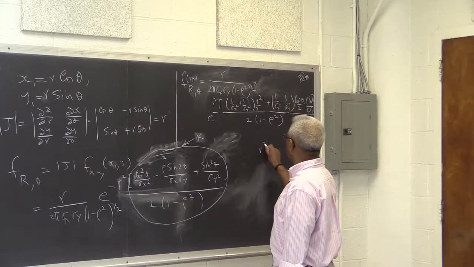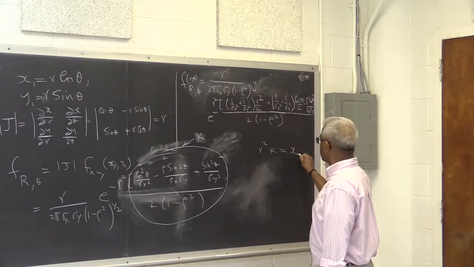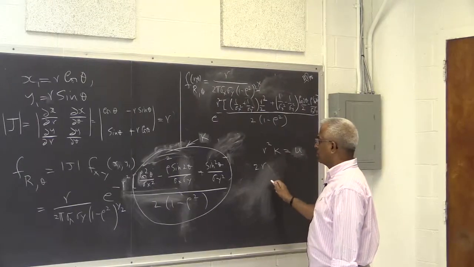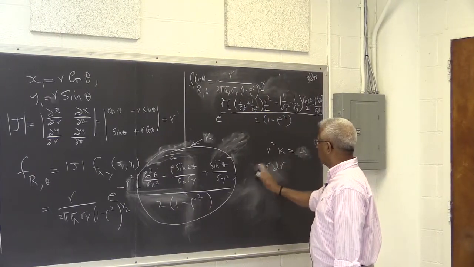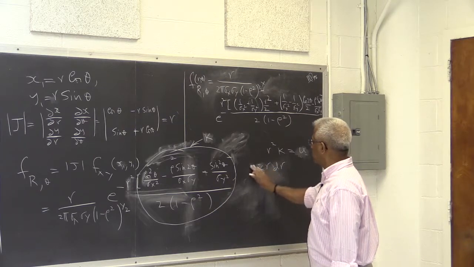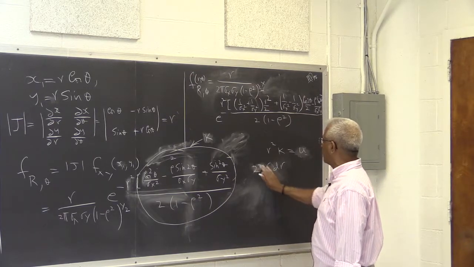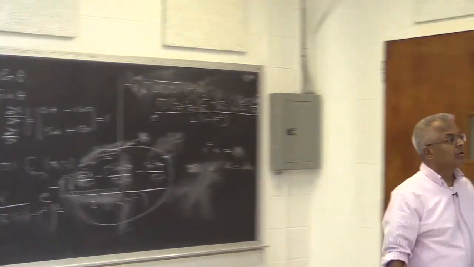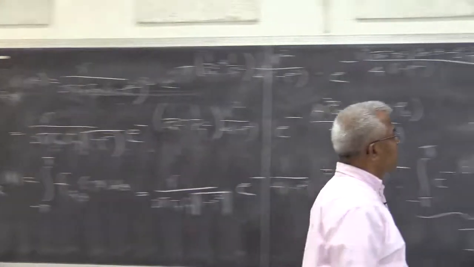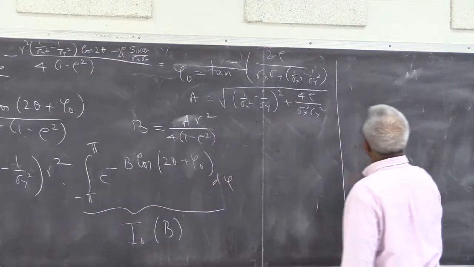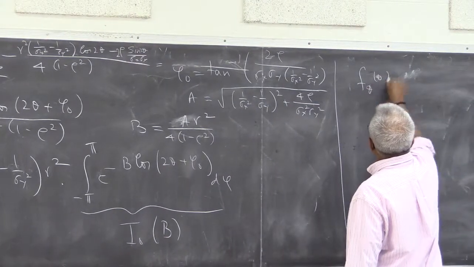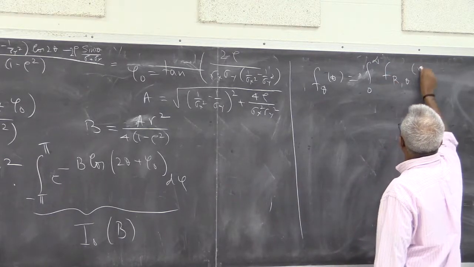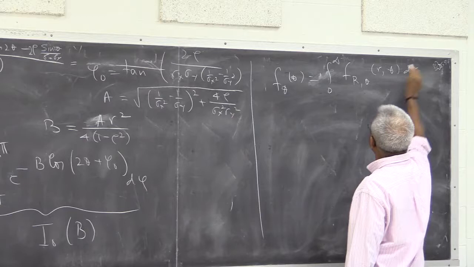So I'm going to call r squared k to be u. So we have 2r dr multiplied by k equal to du. So if you want to figure out f theta, it would be the integral 0 to infinity of f of r comma theta, dr.